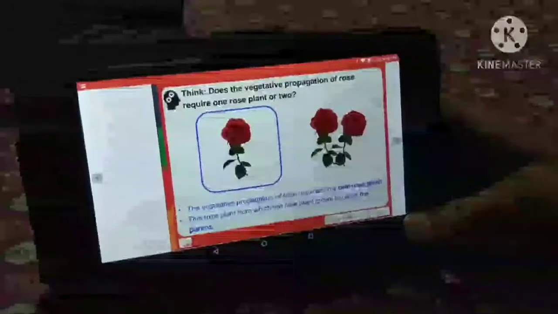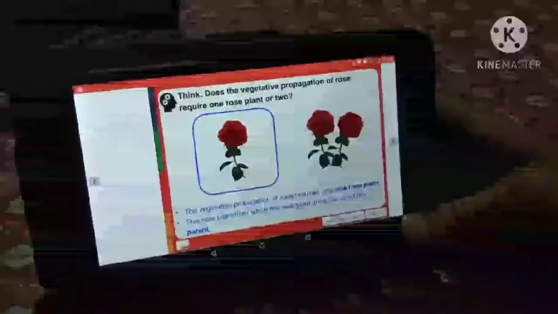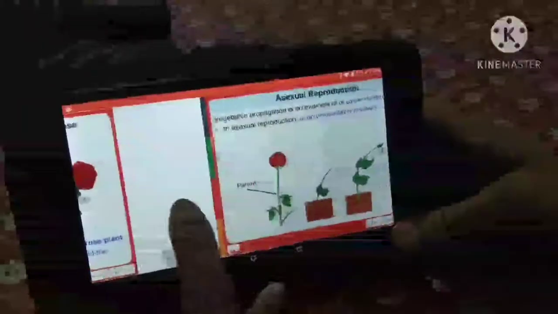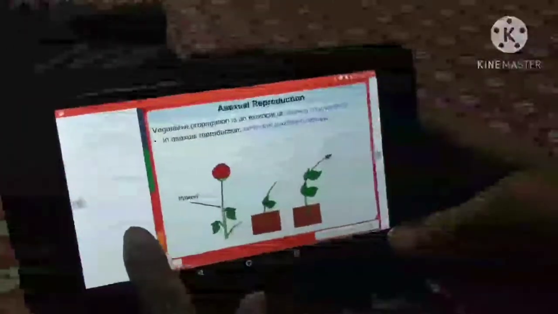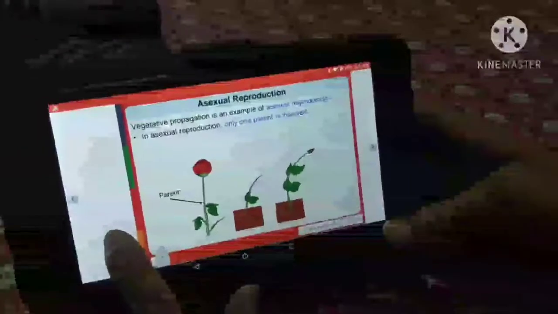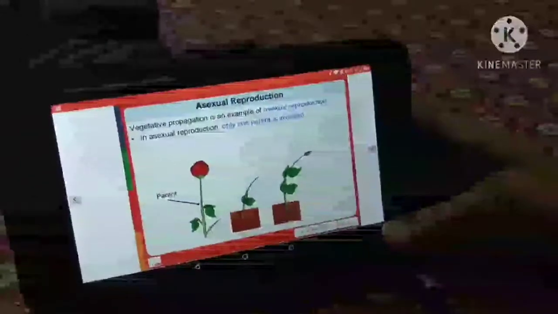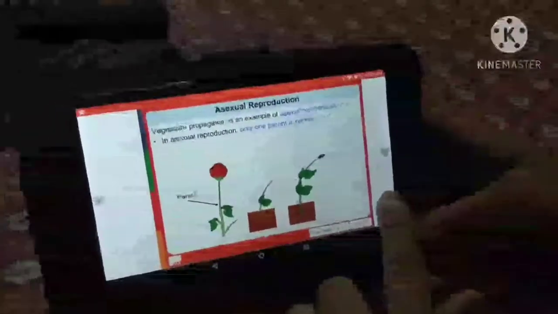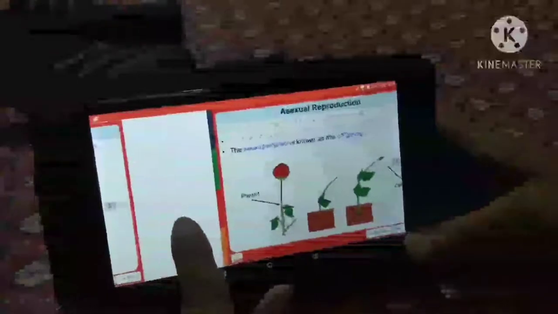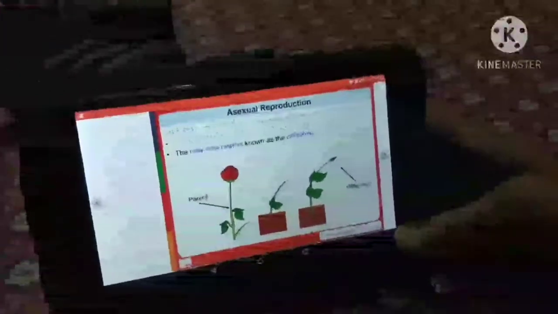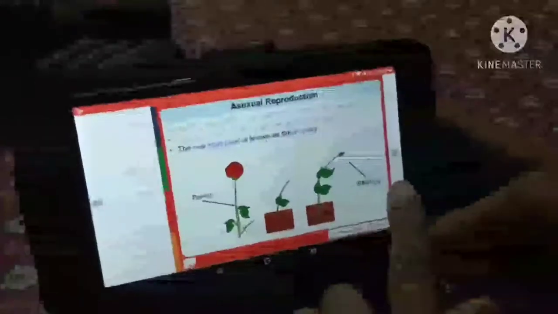This rose plant from which the new plant grows is called the parent. Vegetative propagation is an example of asexual reproduction. In asexual reproduction, only one parent is involved. The new rose plant is known as offspring.